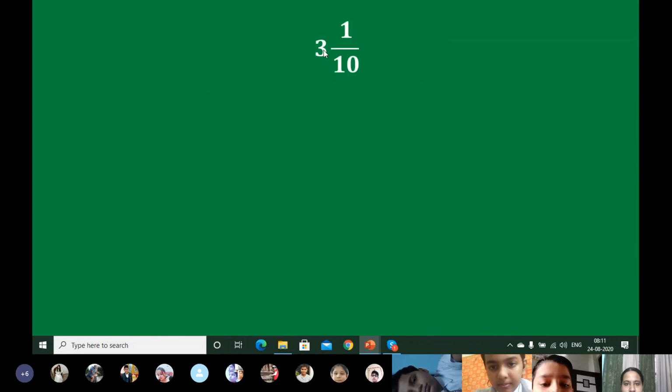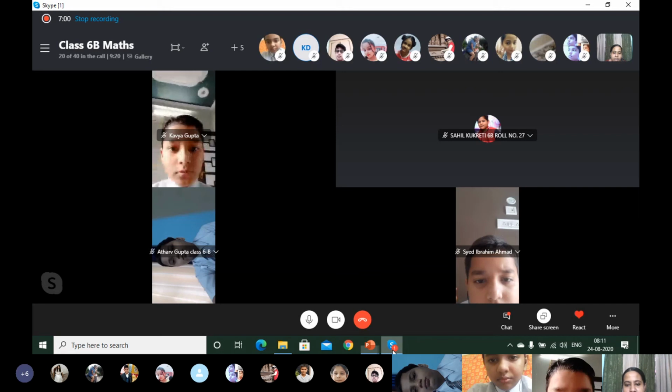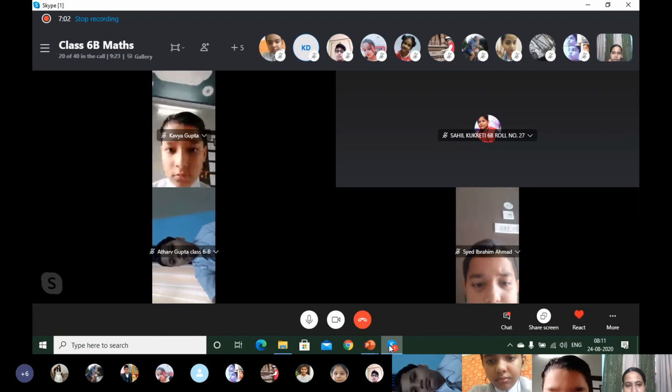So you can see here 3 and 1 by 10, where the denominator is 10. On a number line, you have already learned that we mark 3 and move 1 by 10 ahead, right? For fractions on a number line, do we do this step or not?